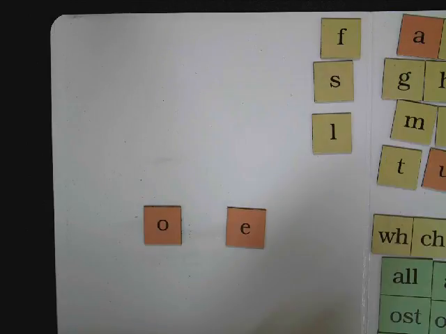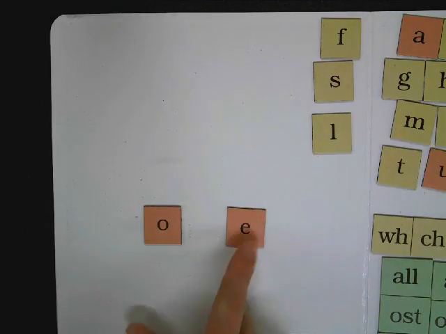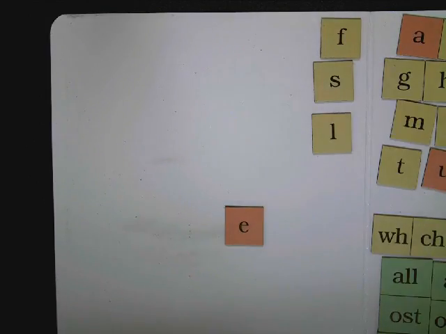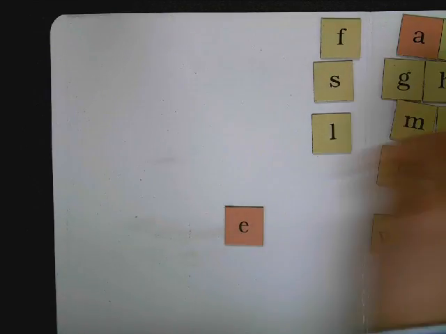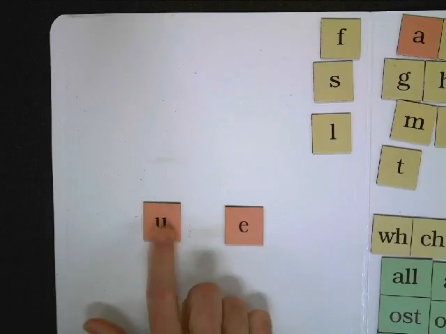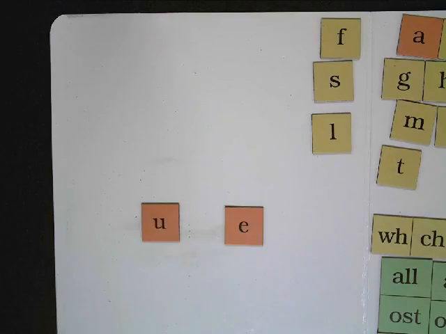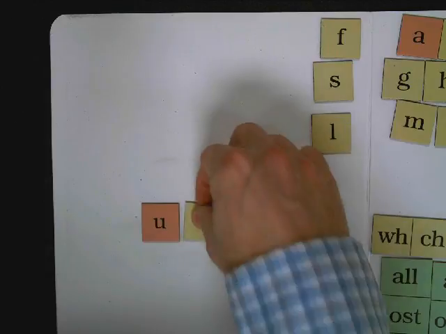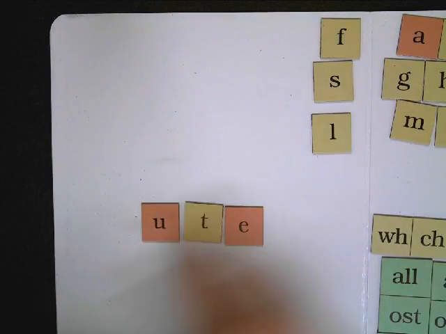Put that T back. Now let's swap out some vowels. Let's swap out the O for a U. We talked about yesterday, the U makes 2 sounds, like in U-T-E, cute.